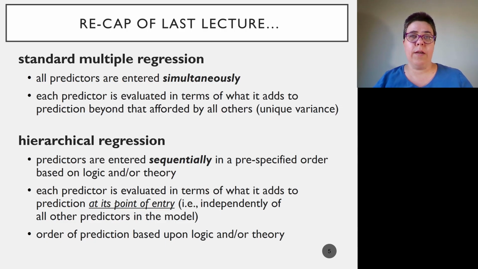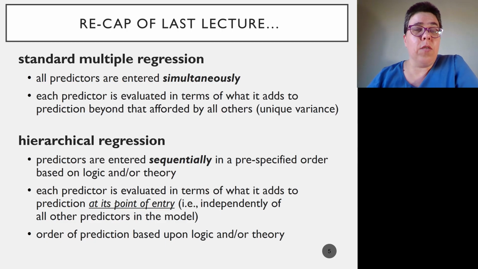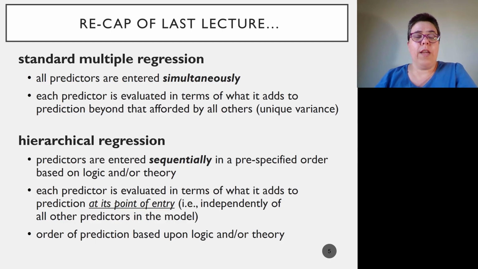That's one of the many reasons why multiple regression can produce unstable results, because if you change the order of your prediction, then the results will change. And so it's really important that the order of your prediction be based on logic or theory, rather than having had a peek at the data and changing your results after that.